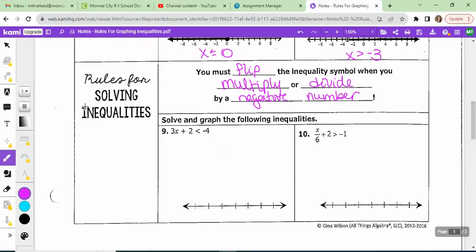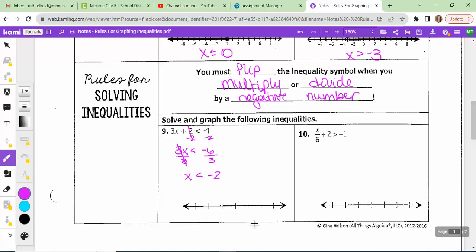Alright, think of it just like if it had an equal to. What would you do to solve this? So I get 3x is less than negative 4 minus 2, which is negative 6. And then to get x by itself? Alright, do I have to flip my inequality? No. Only if the number we divide by is negative.